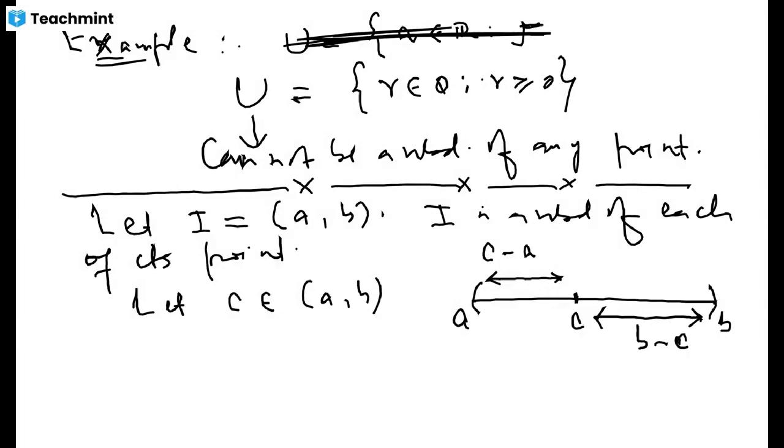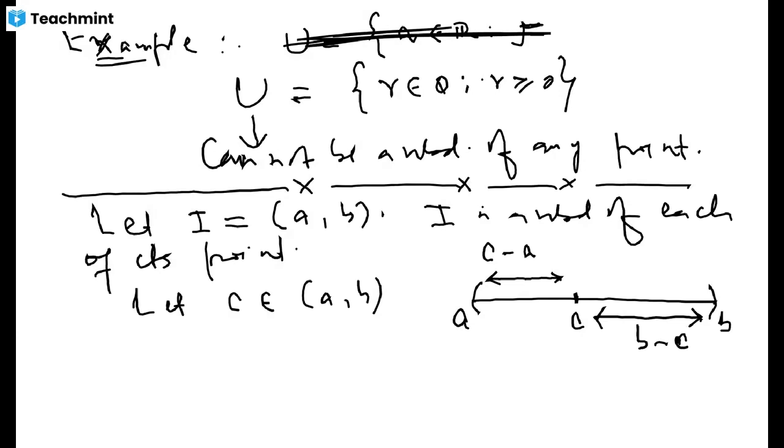I have to show that this set I is a neighborhood of this point C, and C is an arbitrary point of this open interval, and that will establish that this open interval is a neighborhood of each of its points. To establish this, I need to find a delta neighborhood of C which lies inside this open interval (A, B).